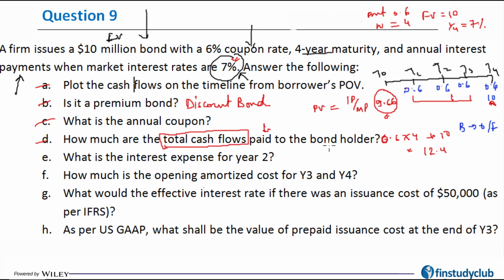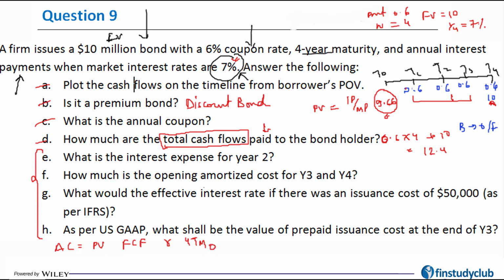Very simple and straightforward. Now these are the questions which are more important from an application and orientation standpoint, because this will involve knowledge of something called the amortized cost. Your amortized cost is the present value of future cash flows discounted at the original YTM.